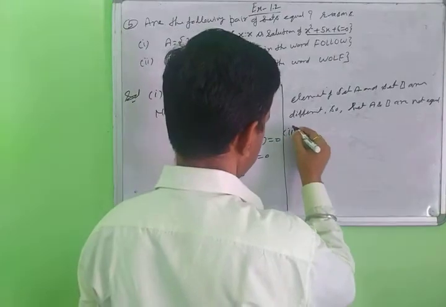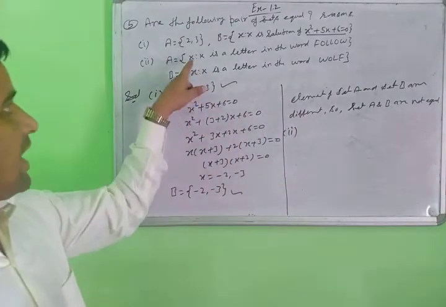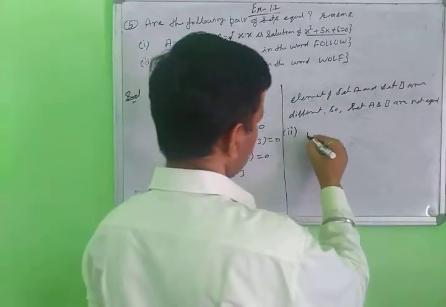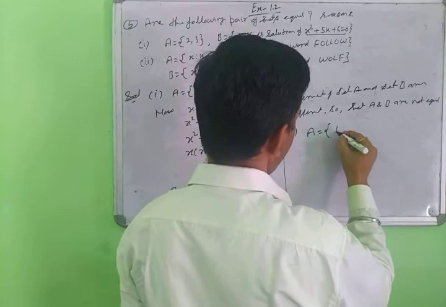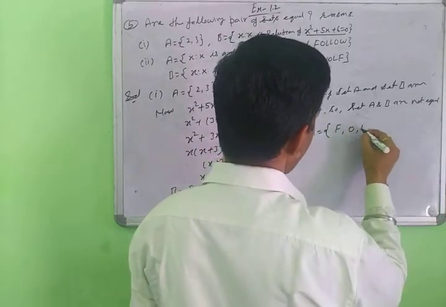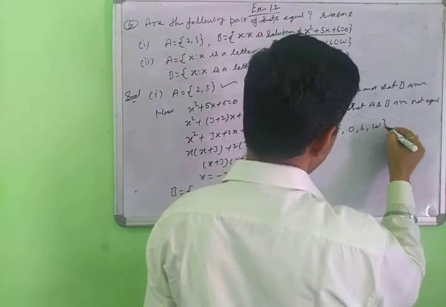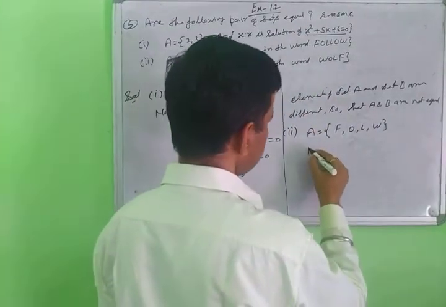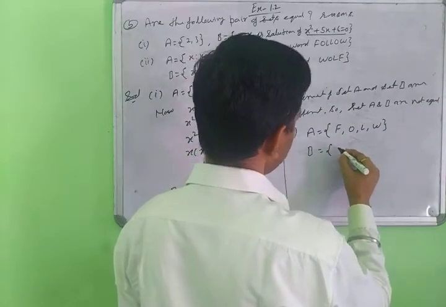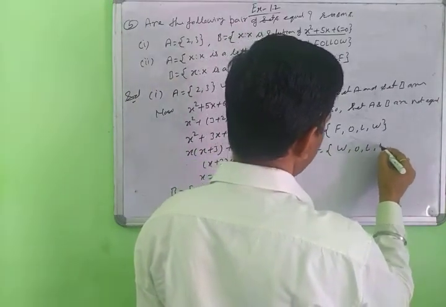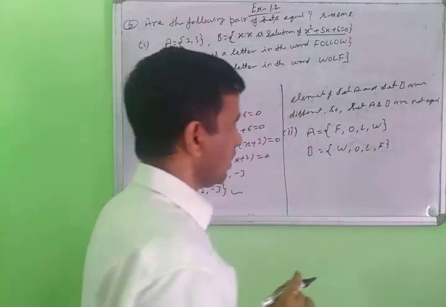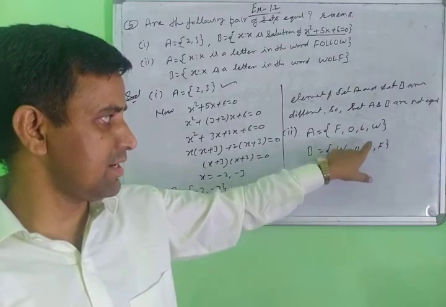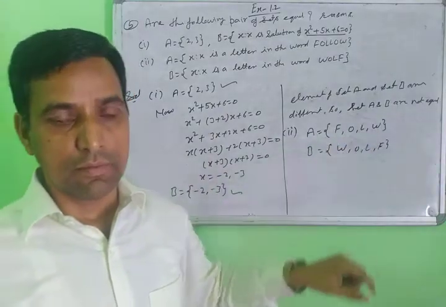Second part: x such that x is a letter of the word FOLLOW. Make a set of this: F, O, L, W. This is the set of the letters of the word follow. And make another set with the letters W, O, L, F. Now look here: F, O, L, W are in both.